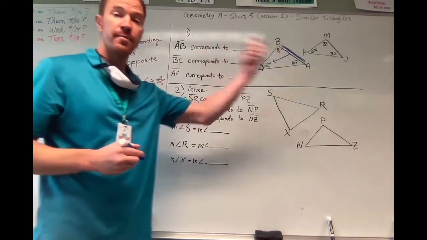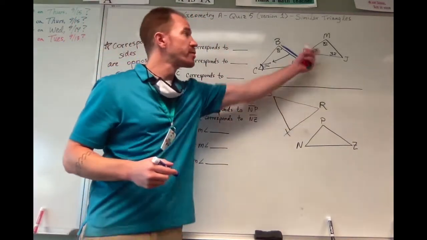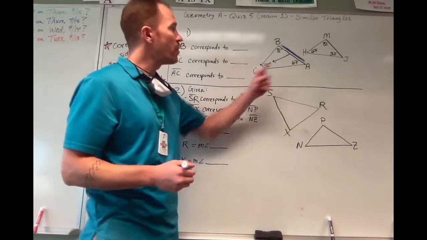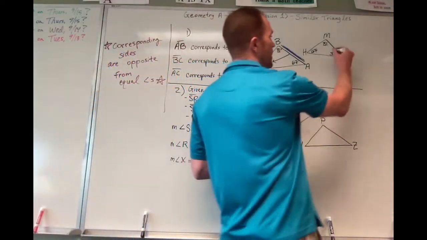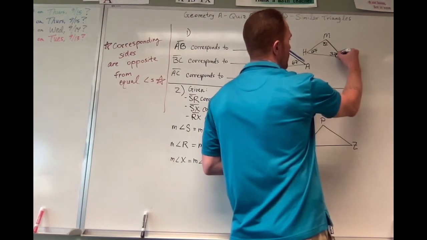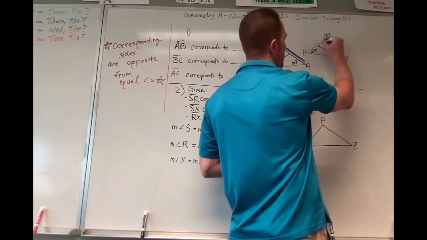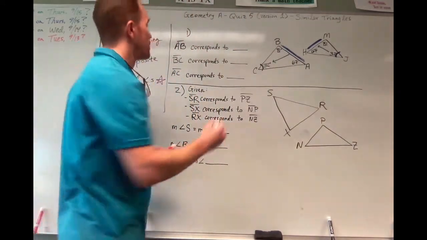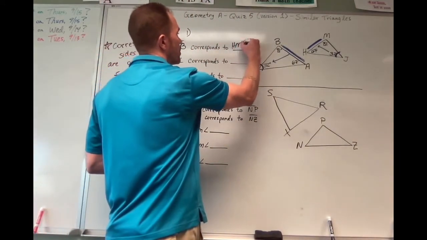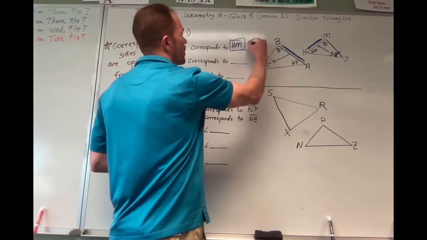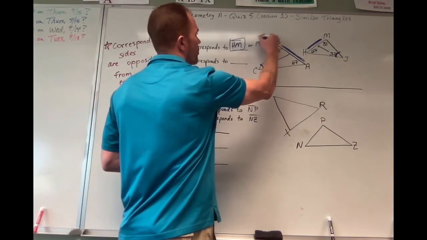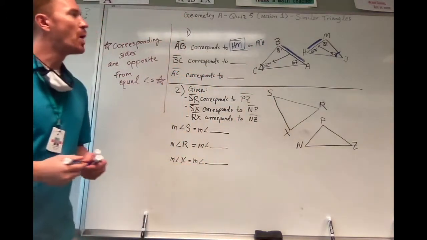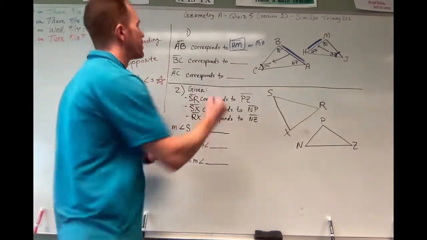So in the similar triangle, the smaller version, I see a 32-degree angle. I'm going to keep that as blue. And what's the side opposite? HM or MH? They are both opposite from 32 degrees.